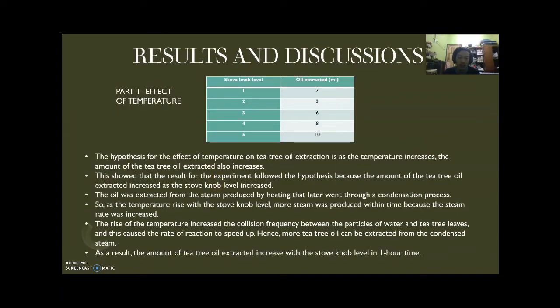Okay, for the results and discussion, we have two parts: part 1 for the effect of temperature, and part 2 for the effect of maceration. For part 1, our manipulated variable is the stove knob level, for the level of temperature.